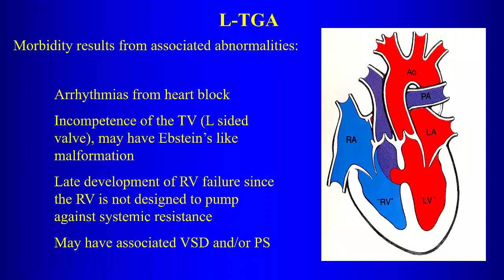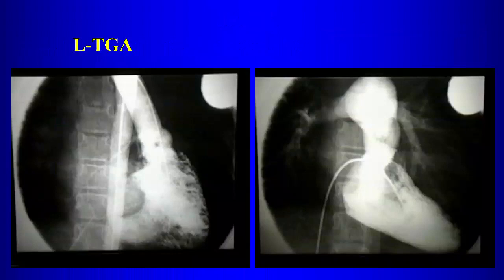Usually there are associated abnormalities like pulmonic stenosis, ventricular septal defect, incompetence of the tricuspid valve or stenosis of the tricuspid valve, or Epstein's-like malformations of the tricuspid valve, which in this case occur on the systemic side, so they can mimic the symptoms of mitral stenosis in a normal patient. So it's the associated abnormalities in these patients that get them into trouble.